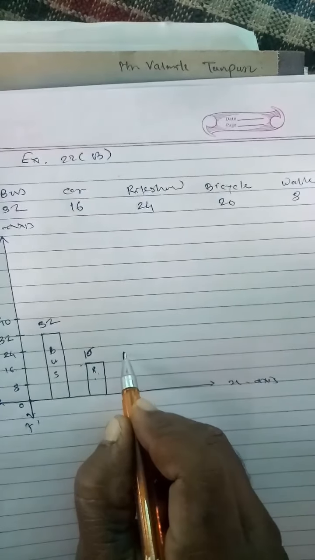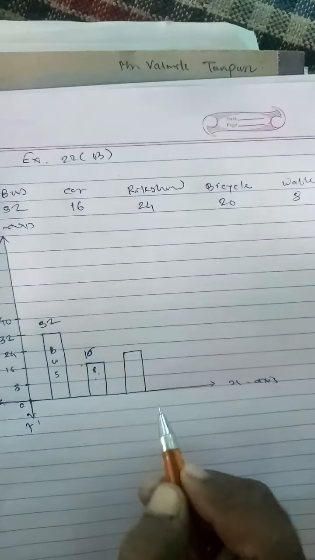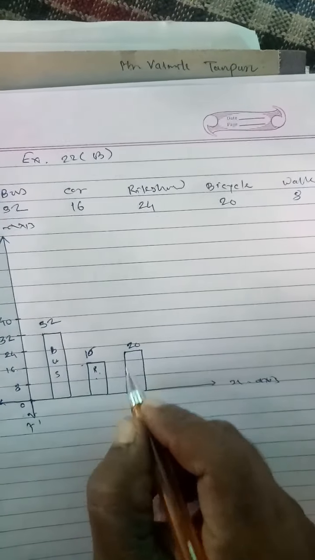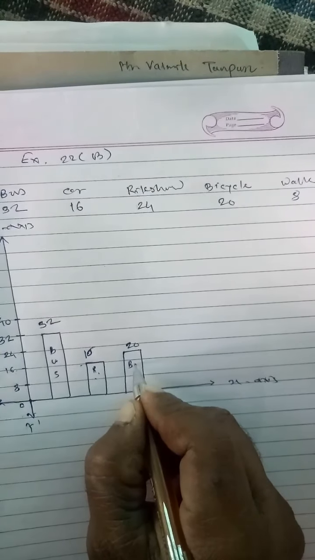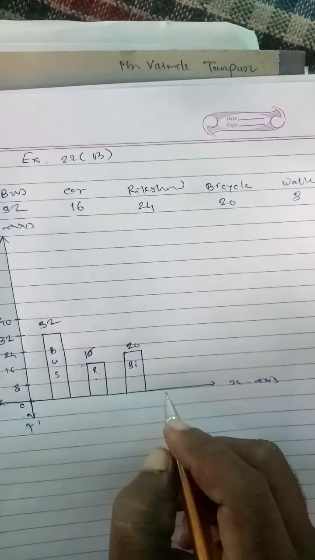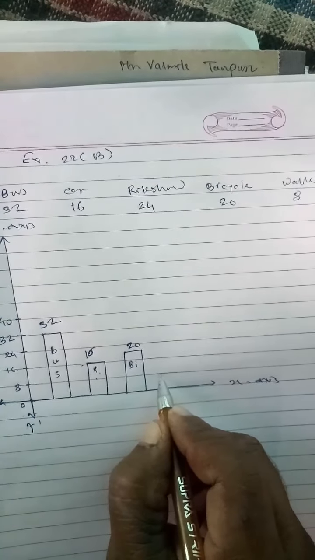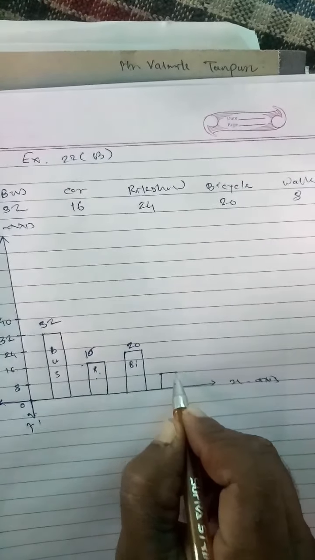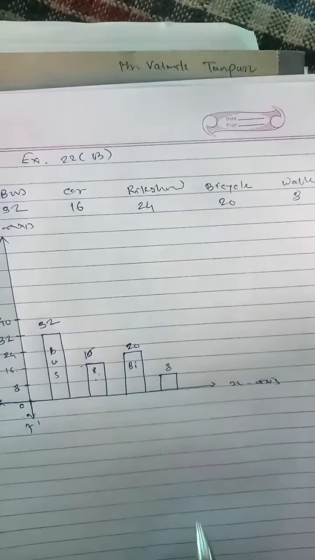Whenever you have graph paper, you can show this with its help. Here 20 is for the bicycle, and the last one is for walk. By walk, how many students are there? Only 8 students.